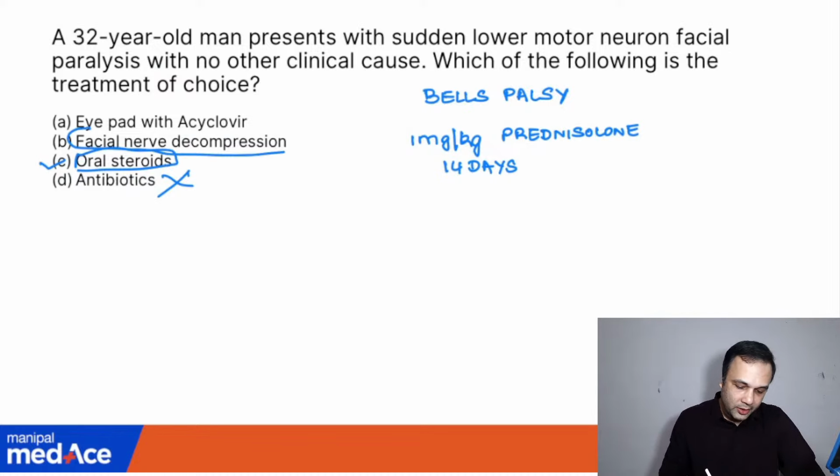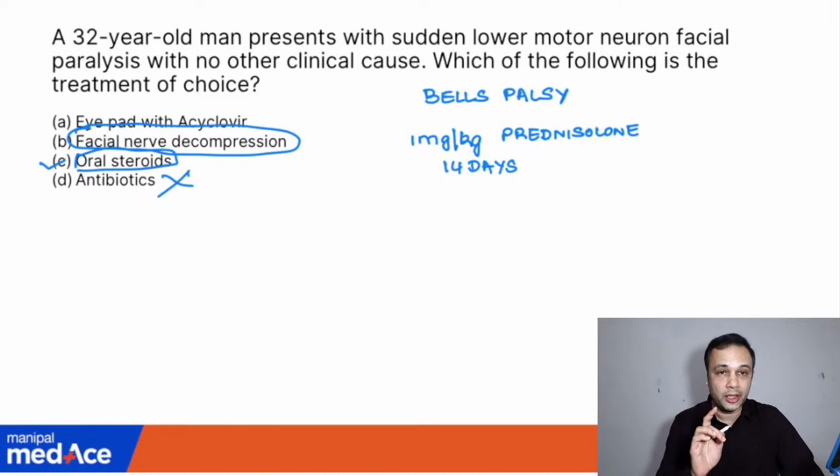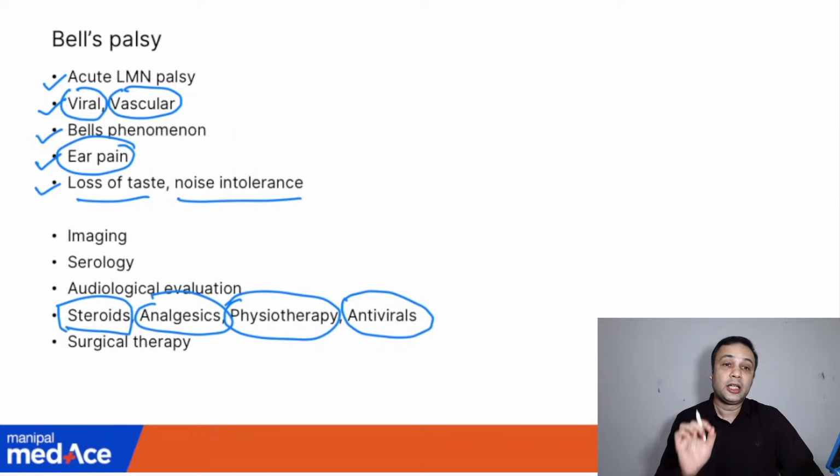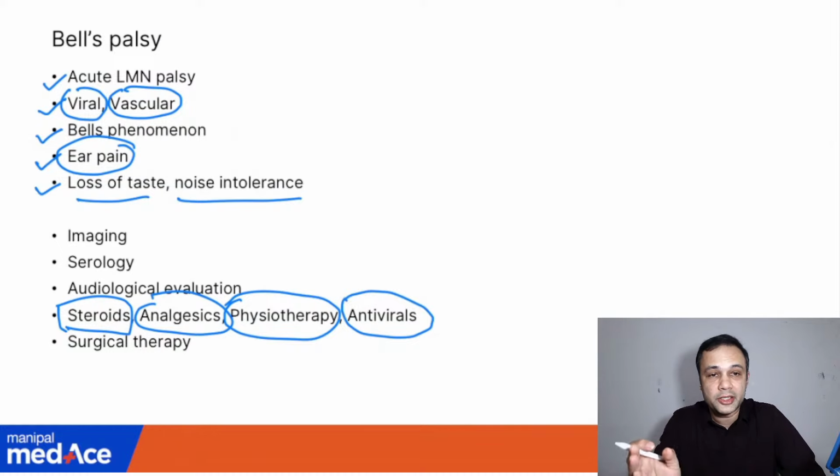What about facial nerve decompression? If you look at the literature, once again, it says that you do an electroneuronography and electromyography if this is suggestive of facial nerve degeneration. ENOG is usually up to 21 days.